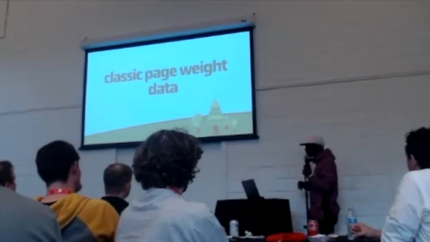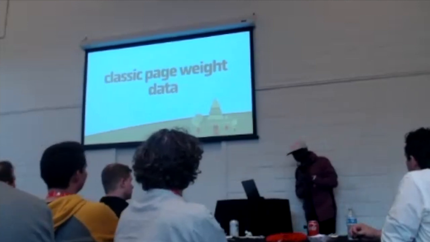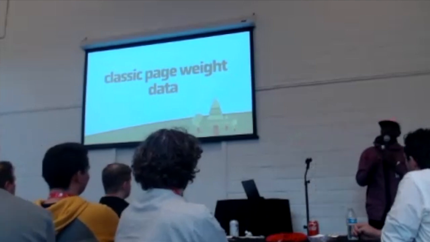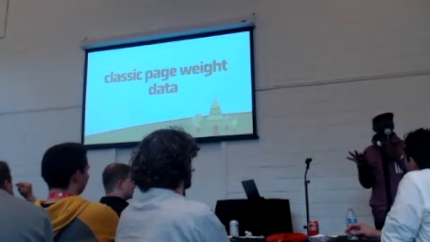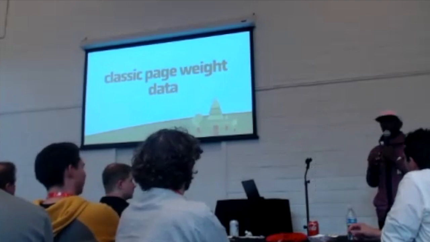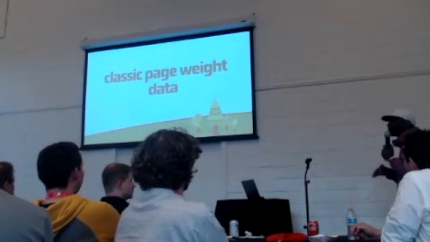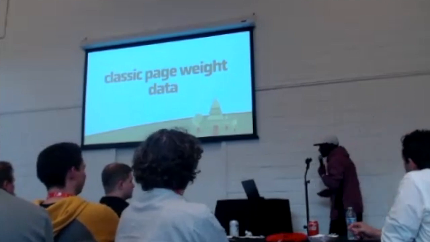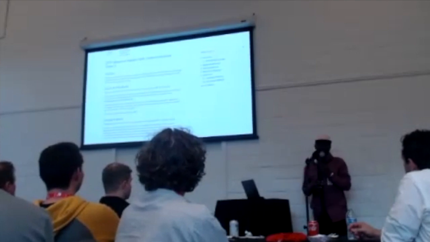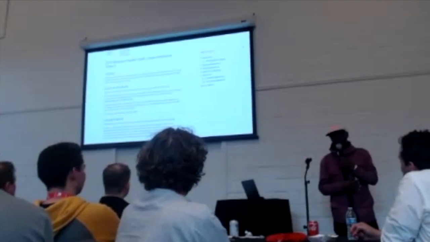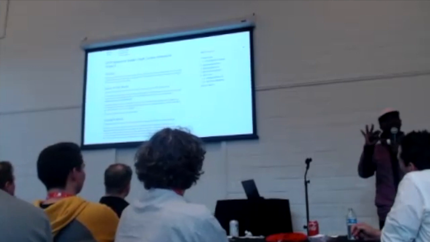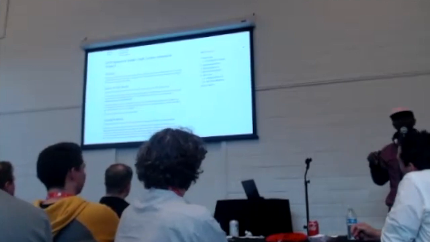So again, we've gone through some classic page weight data, but like I said, it's super duper complicated. There are things being worked on right now that we're hoping will provide more accurate measures. They're trying to get it done down at the browser level, in terms of CO2 emissions and everything associated.